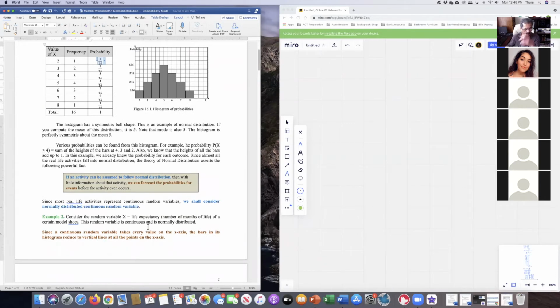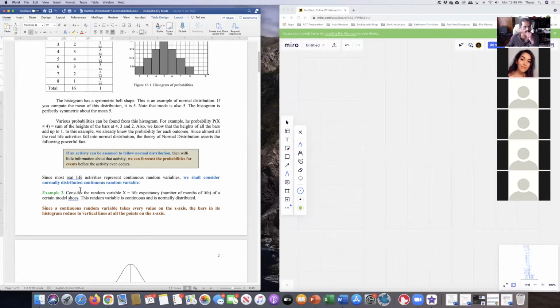After that, you will be actually doing problems of finding probability for different things to happen before they happen. So if an activity can be assumed to follow a normal distribution, then with little information about that activity, we can forecast the probability for different events in that activity.